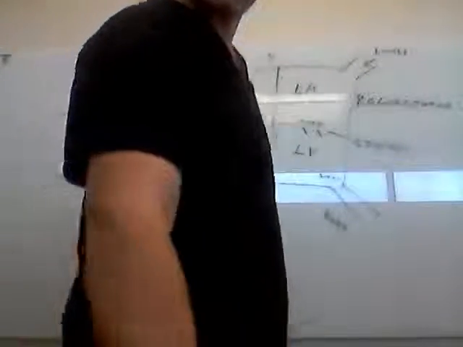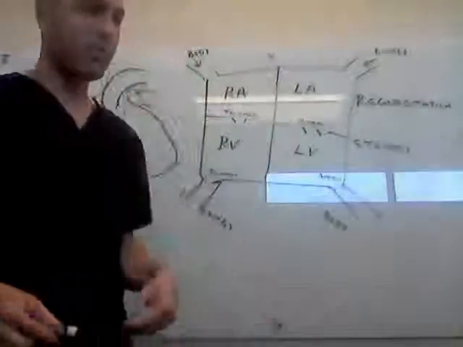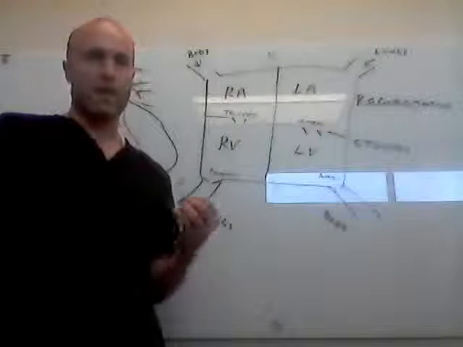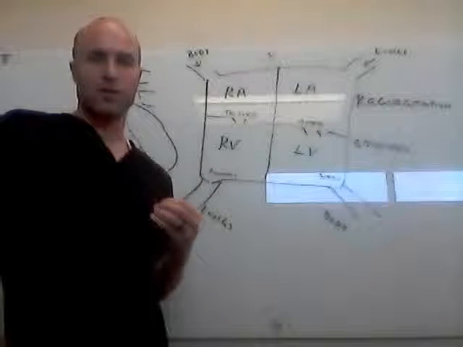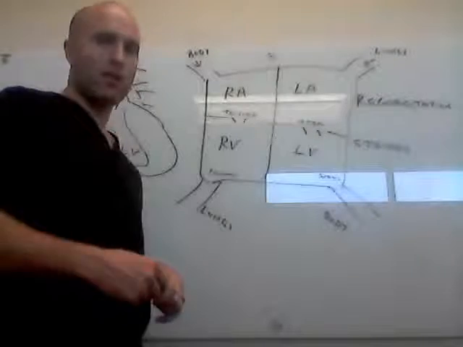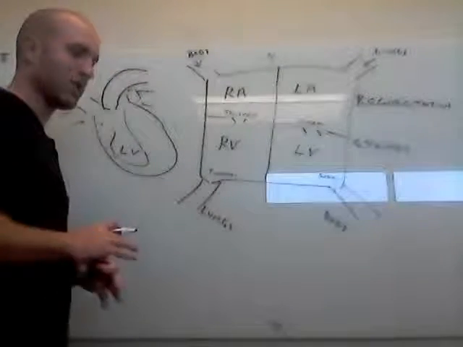So one note here is that yes, you can pick up stenosis or regurgitation through auscultation of the heart. These valves, especially if it's caused by stenosis, the valve area is going to be totally asymptomatic.